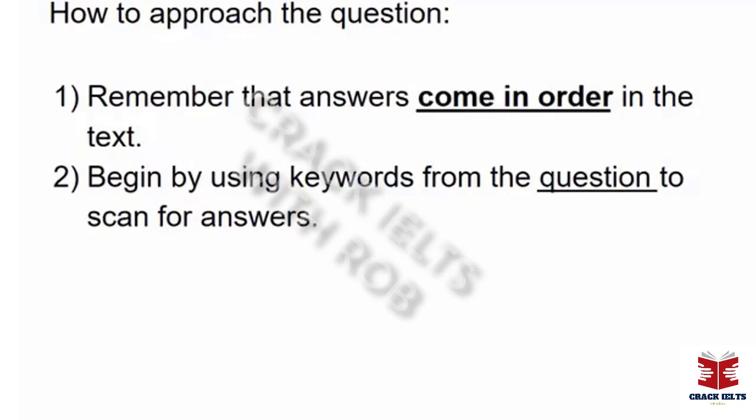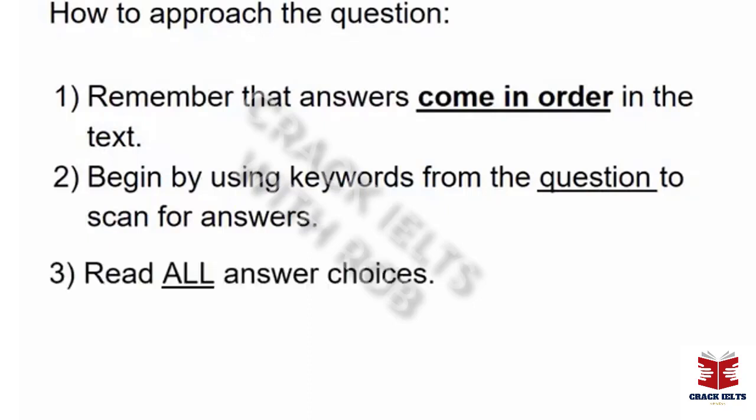So again, use the question or the incomplete sentence to begin your scanning. Now, there are some exceptions to this, and in fact, one of our sample questions that we will look at later in this lesson is a good example. Sometimes the question doesn't give you enough information, so then you have to use answer choices to help you scan, okay?